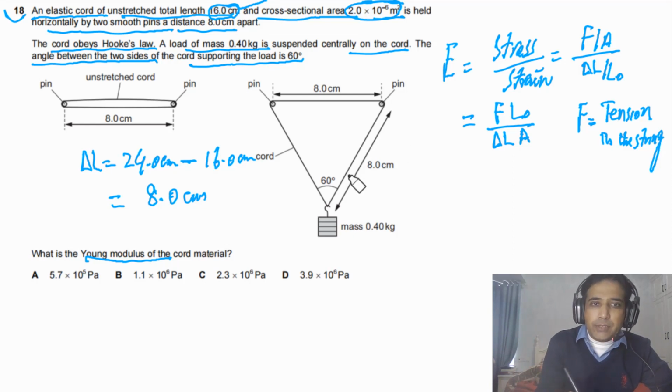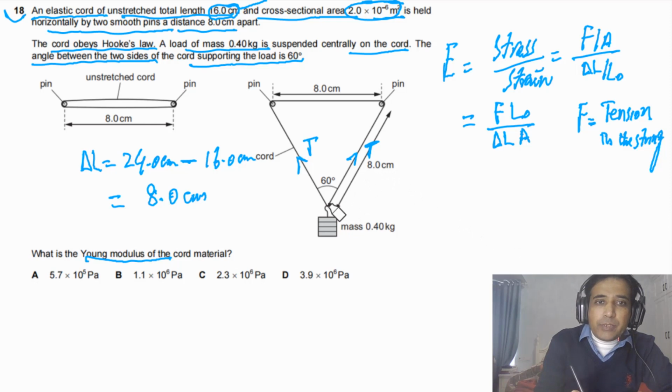How can we calculate tension? So first of all, we need to understand tension here. This is acting up, so this is value of T. So tension here is also up. So we have to find out value of this T. And this T has two components, so we can draw one component here. This is the horizontal component of tension, and this side also has a horizontal component.